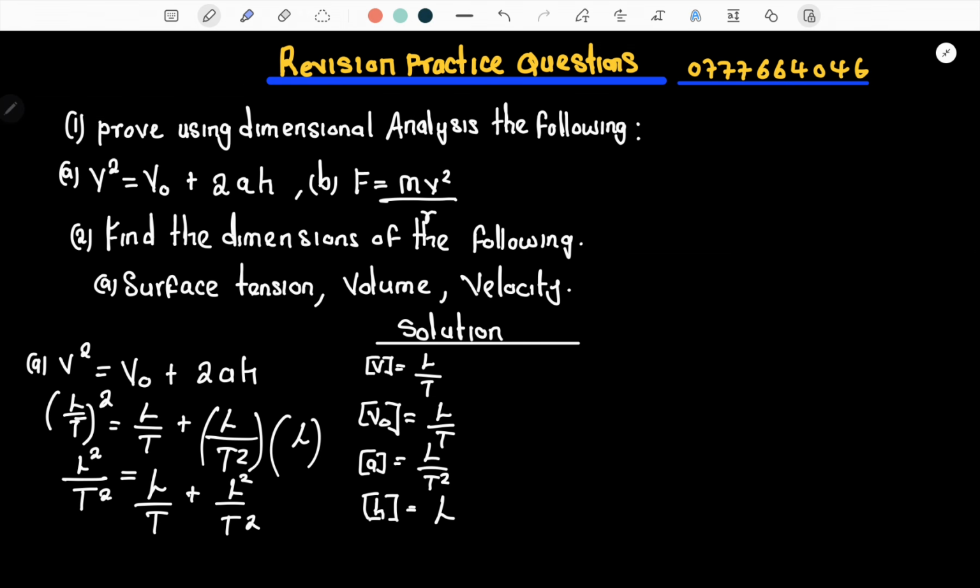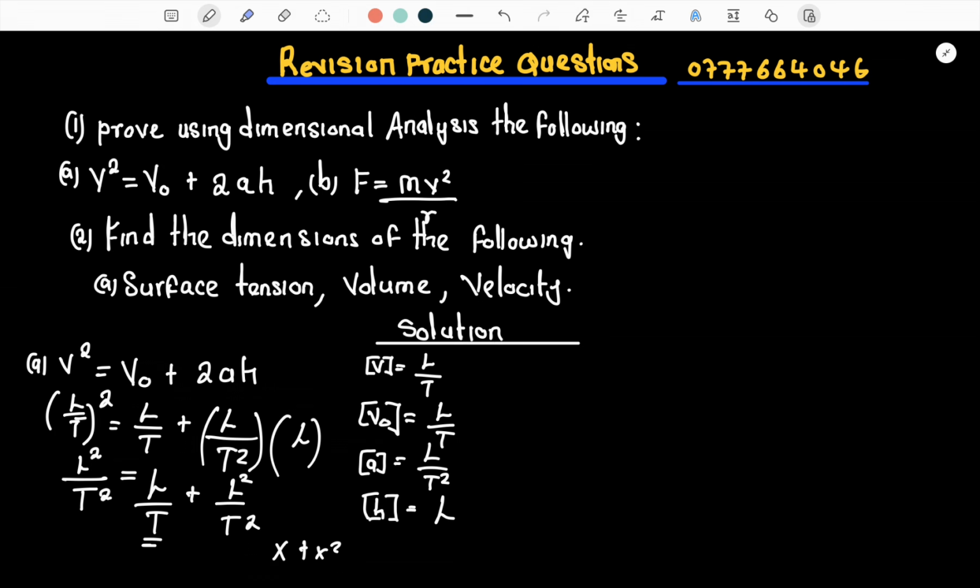Now, this is where a lot of people actually get confused. You can't add L over t with L to the power 2 over t to the power 2, the same way you can't add x plus x to the power 2. The two can't basically add.